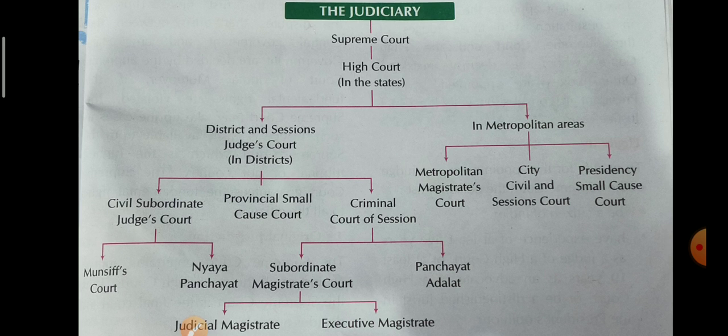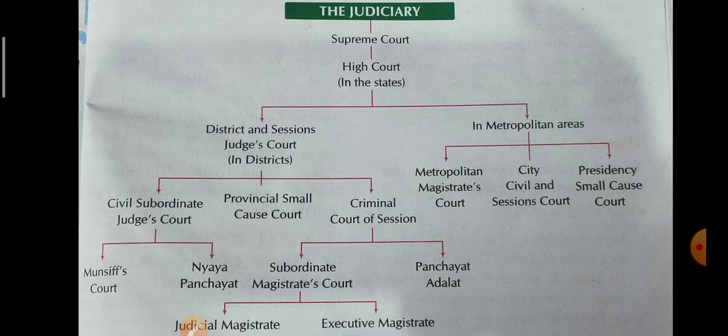In districts, there are civil subordinate judges courts, which are divided into Munsif's court and Nyay Panchayat; provincial small cause court; and criminal court of session. Criminal court of session is further divided into subordinate magistrate court and Panchayat Adalat. Subordinate magistrate court is further divided into judicial magistrate and executive magistrate. So this is the structure of the judiciary.